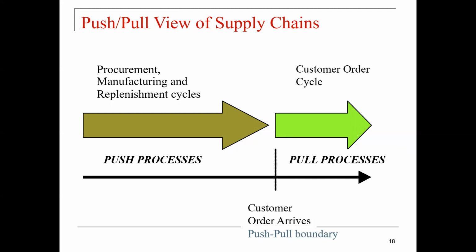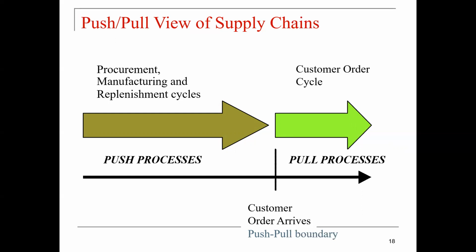Again, they base their decisions on forecasts, and they already have the product in store, in a warehouse for instance. When the order is made, they just pull the product from the warehouse and send it to the customer.